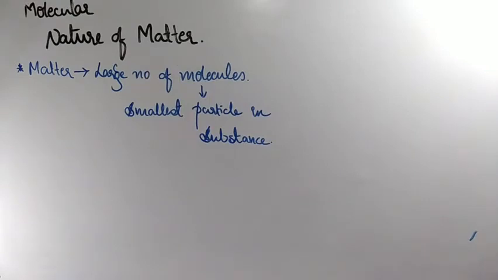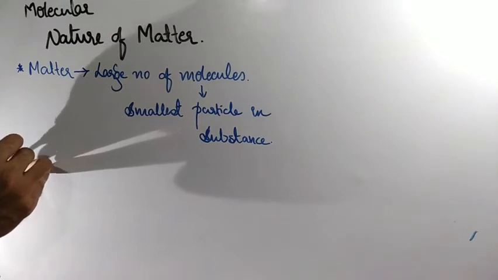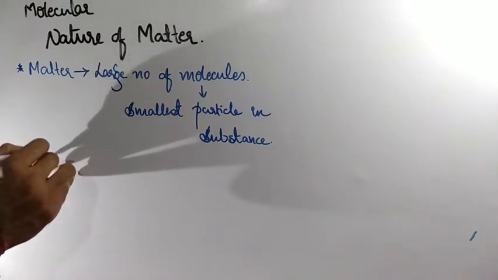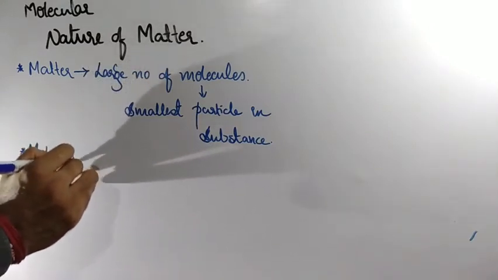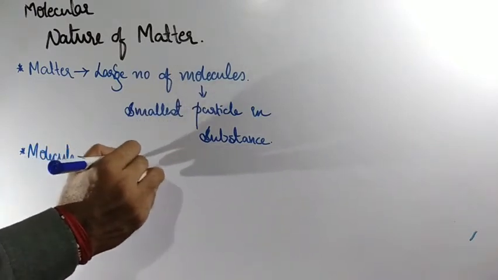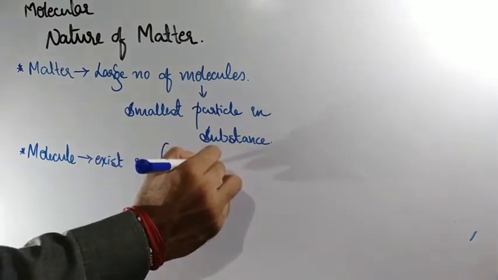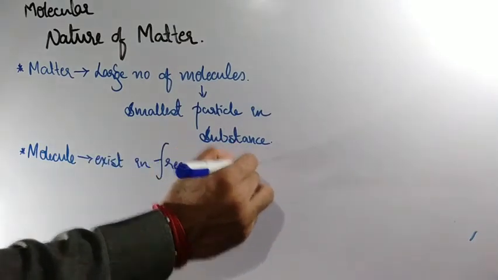Next, a molecule exists in a free state and possesses the properties of a substance. What is the meaning of this? A molecule will exist in a free state.